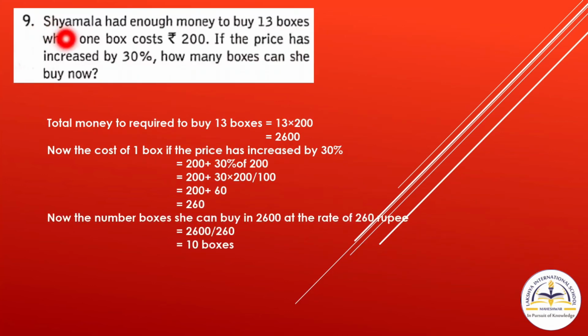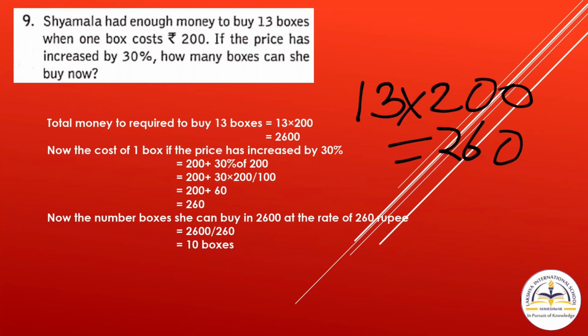Question number 9. Shyamla had enough money to buy 13 boxes when one box cost rupees 200. If the price is increased by 30%, how many boxes can she buy now? So the total money required to buy 13 boxes is 13 multiplied by 200, that is 2600.